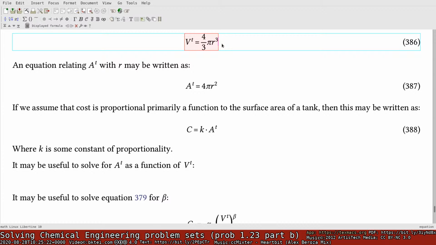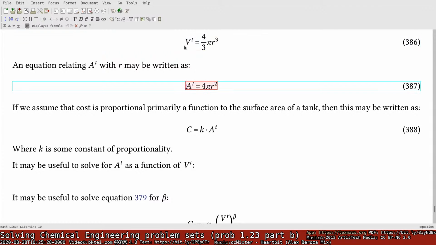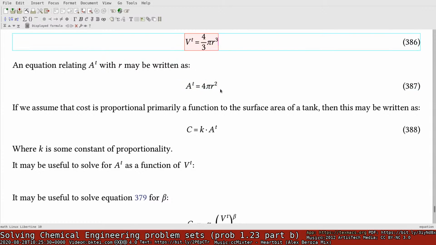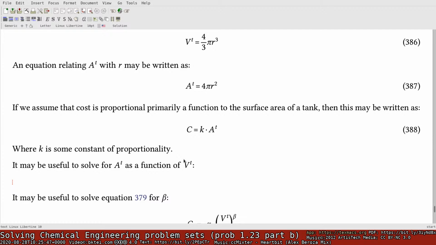We could plug that in somehow, or just solve this for R squared, plug that into here, then we'd have A as a function of volume. Yeah, let's try that.